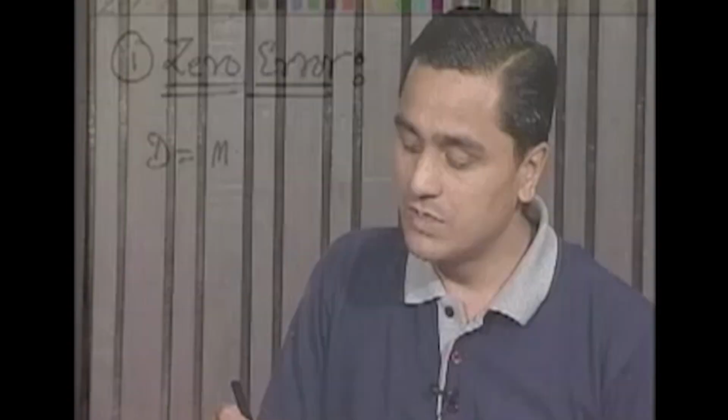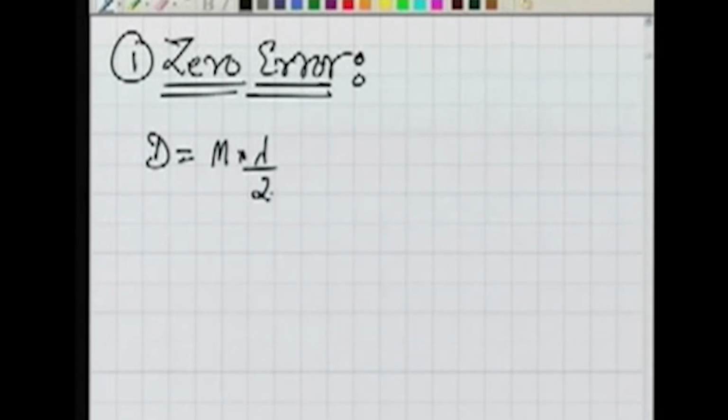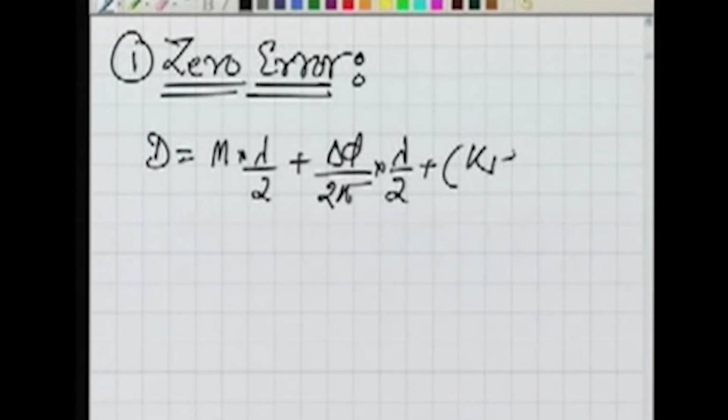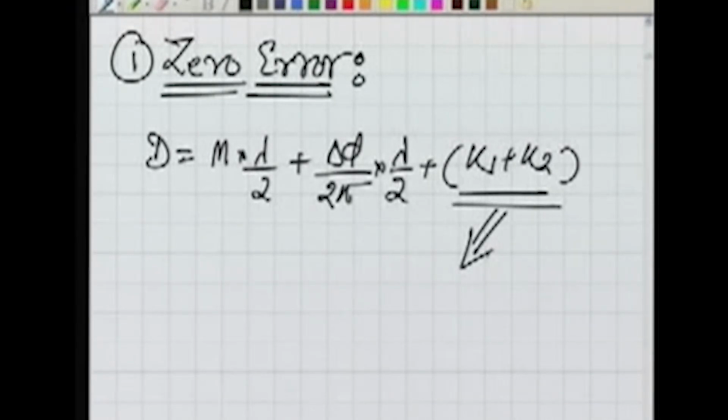D was m into lambda by 2 plus phase difference, again lambda by 2 plus we have seen k1 plus k2. Now here in this case, this k1 and k2 are available to the observer by the company, by the vendor from whom we have purchased our instrument.